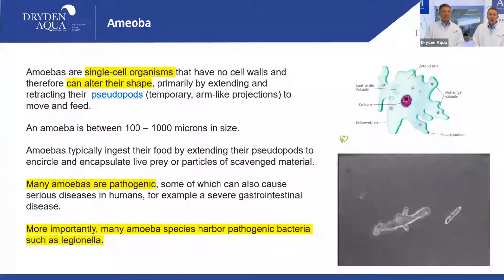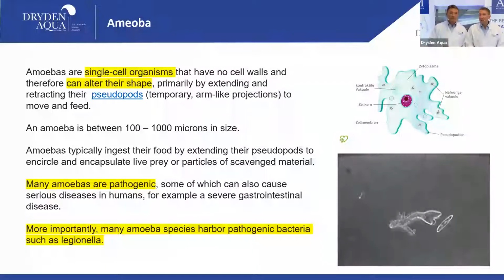Okay. Another one that we want to talk about, which we do not test, but there is one, is an amoeba. Now, an amoeba is not a bacteria. It's actually a single cell organism. And what's special about amoebas is they can alter their shape. You can see this in the video in the lower right.